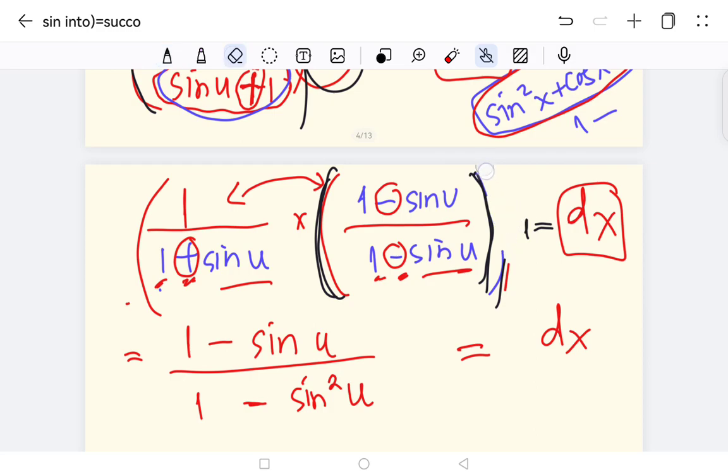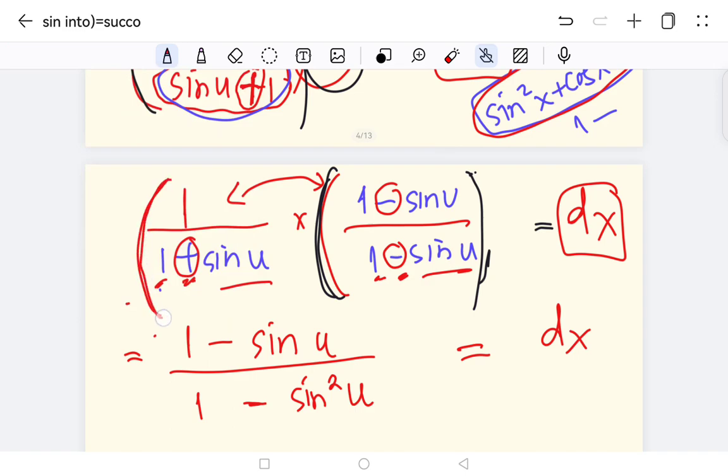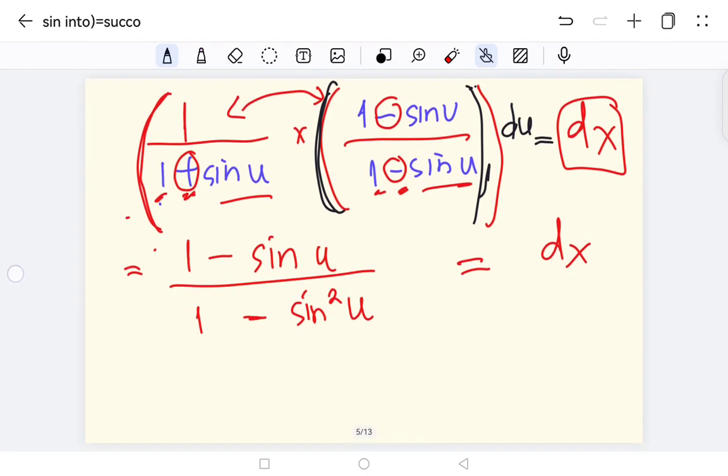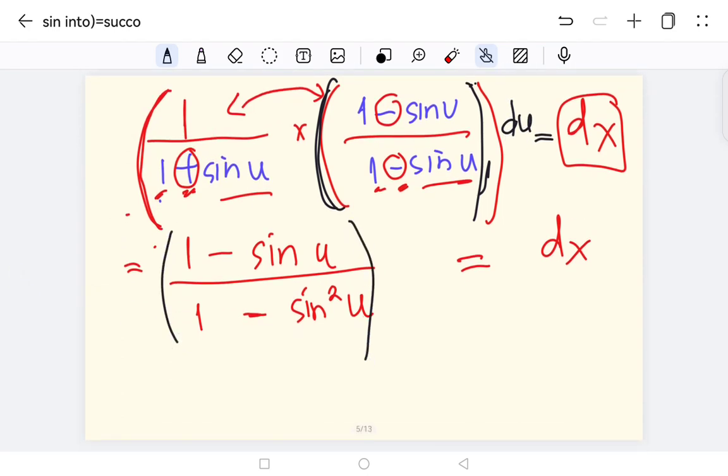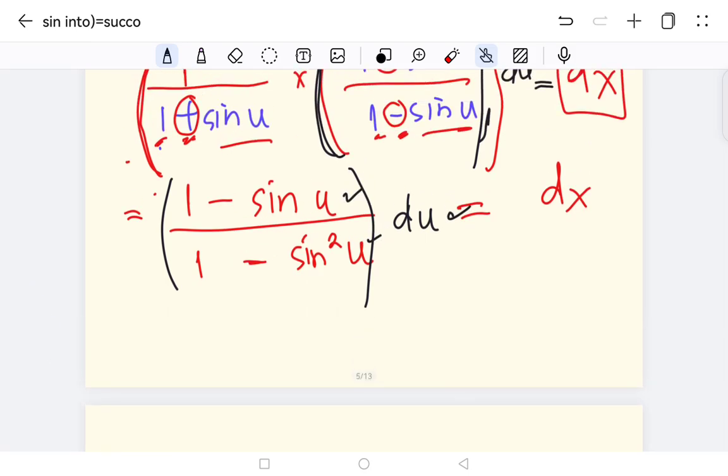I'm going to make it nicer. Okay, and there you go. Just make it red, the same color as this. This is red and this is red, and then I put the du there. So this must be du. Okay, next, they are already in the proper position for u, and then you're going to do integration on both sides.